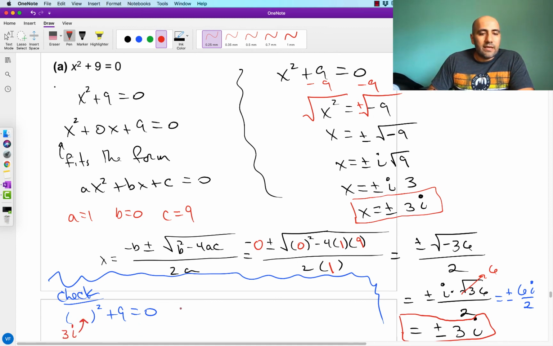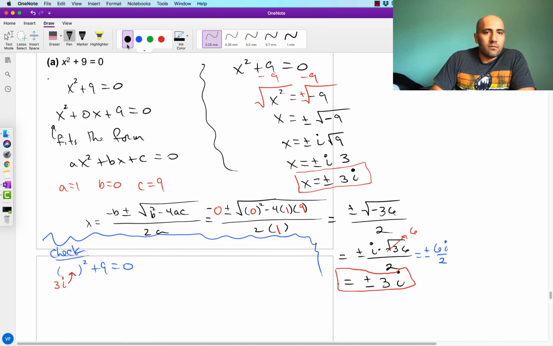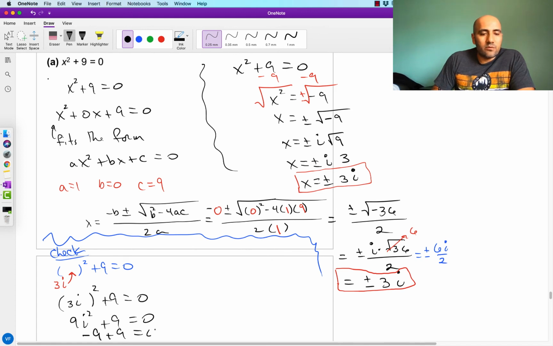We're going to end up getting (3i) squared plus 9 equals 0, which gives me a 9 times i squared plus 9 equals 0. i squared is negative 1, so we get negative 9 plus 9 equals 0. That works out. Right? And that's because this i squared equals negative 1.